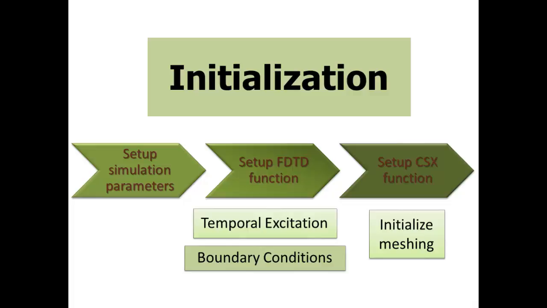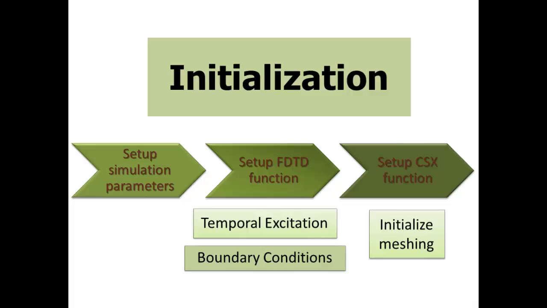In the temporal excitation, the time domain excitation function has to be determined, and we can choose from sinusoidal excitation, Gaussian excitation, or custom defined excitation. And the boundary conditions have to be specified such that they cover the whole six domains in Cartesian coordinates. So two in the X direction, two in the Y direction, and the last two in the Z direction.